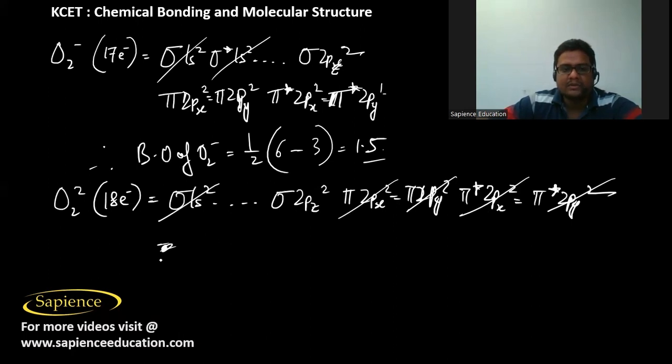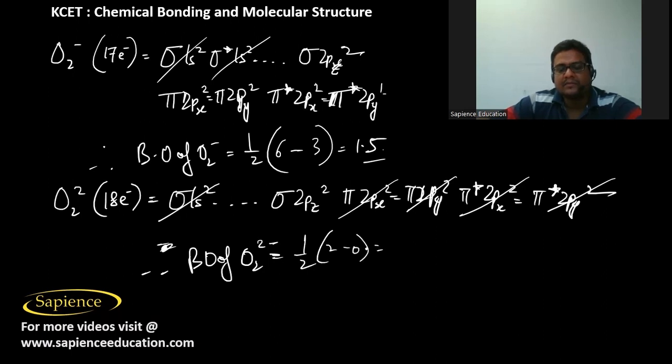Therefore the bond order of O2 2 minus ion will be half of 2 minus 0, so that is 1. Or if you want, you may not cancel all these, and add the total number of bonding electrons, which is 10, minus the total number of antibonding electrons, which is 8. Then also you will get 1.